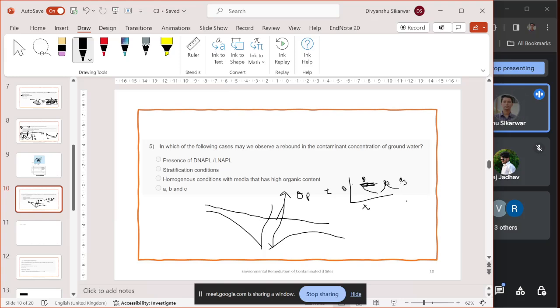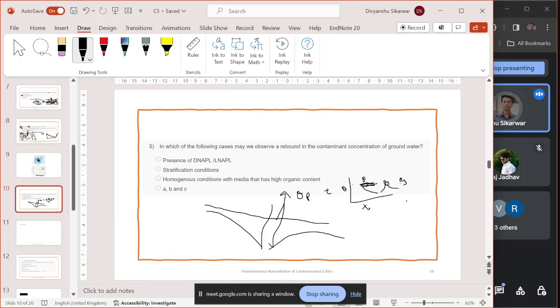But if we run the tube well after a break of some months or years, whatever it may be, the contaminant of concern will reappear in the water.